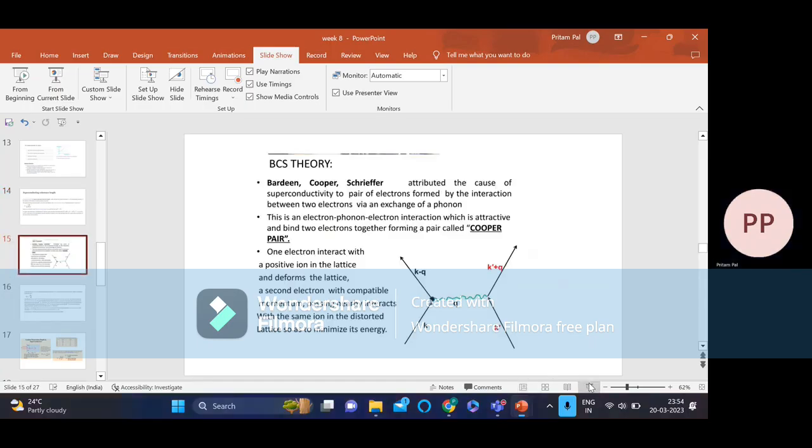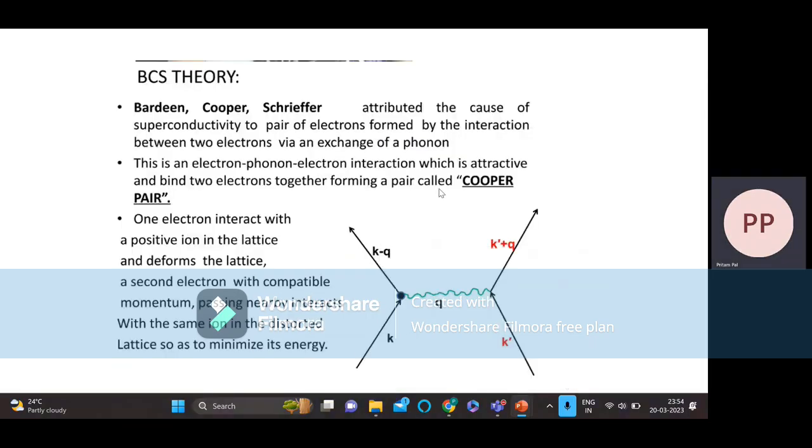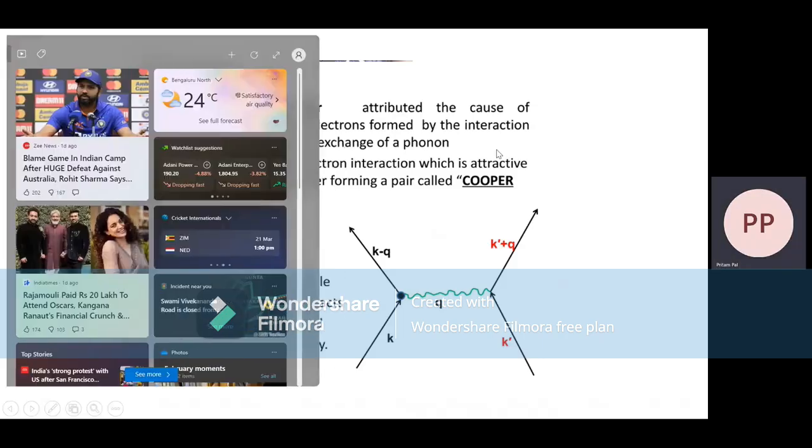So BCS, Bardeen, Cooper, and Schrieffer, attributed the cause of superconductivity to pairs of electrons formed by the interaction between the two electrons, which occurs via an exchange of a phonon. This is the theory these three scientists predicted.